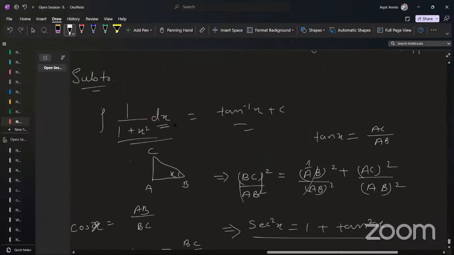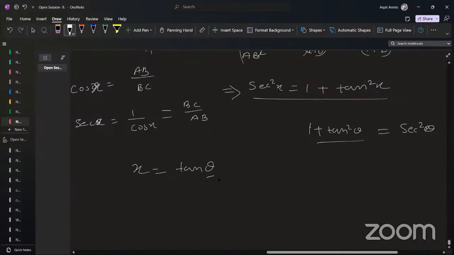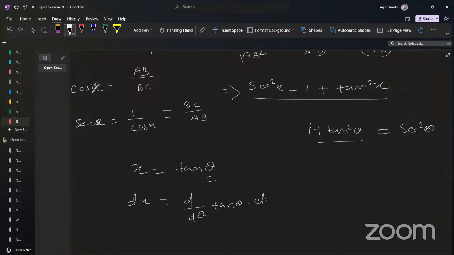Then here dx is there, but this function is in terms of theta. So what will be my dx? What is the derivative of tan theta? Just differentiate it.